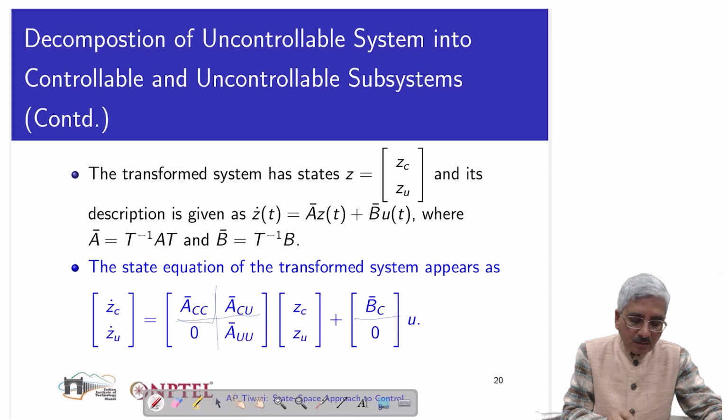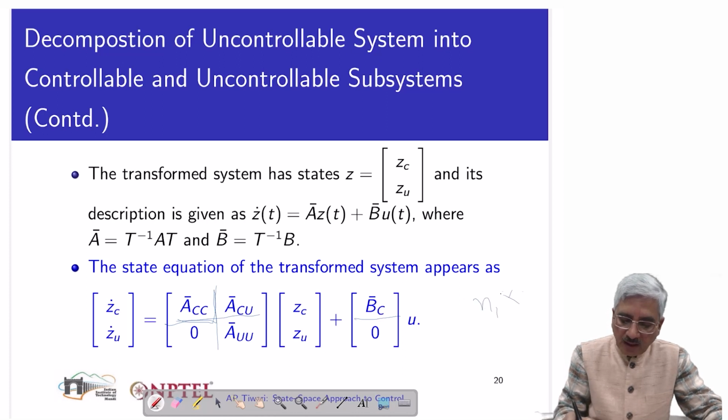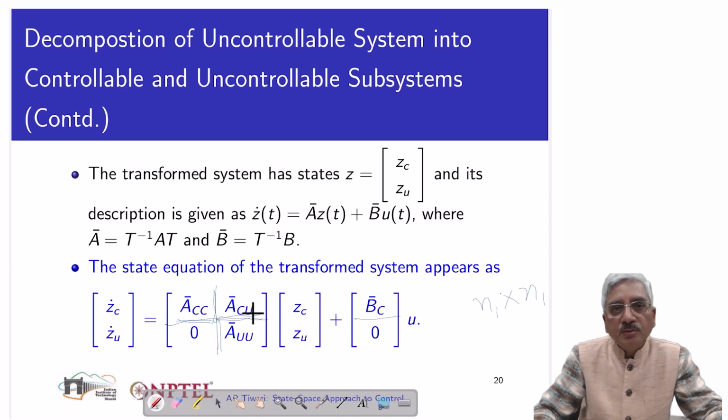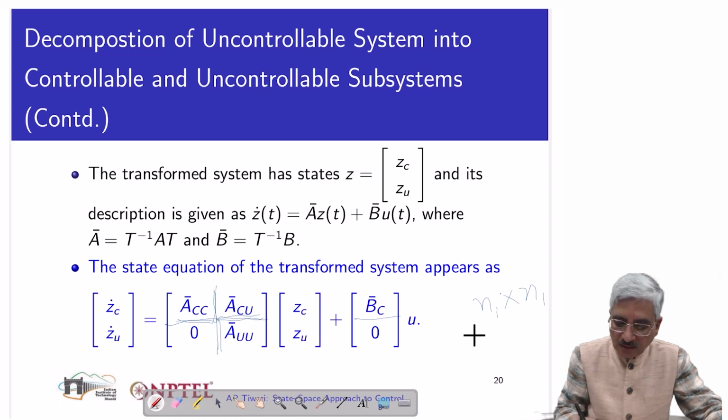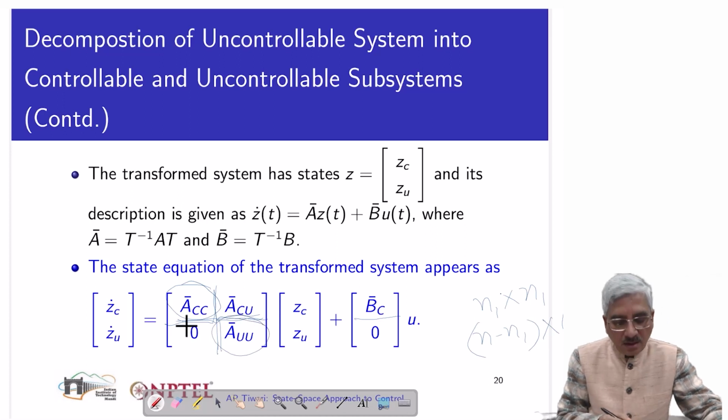There will be one component ACC bar which will be of size n1 by n1, and there will be this component AUU bar which will be of size n minus n1 by n minus n1.